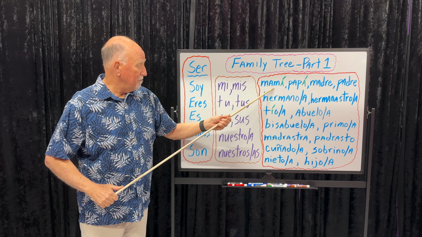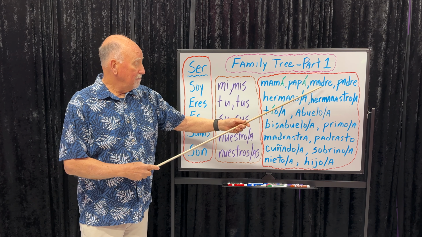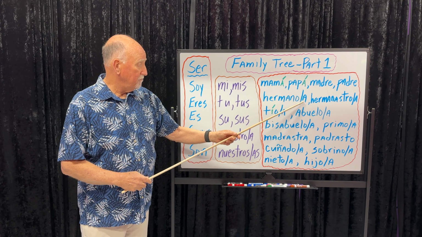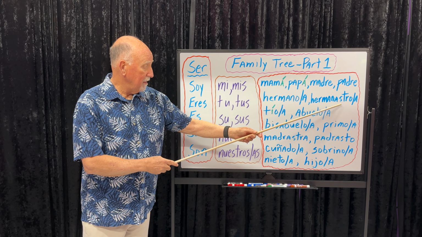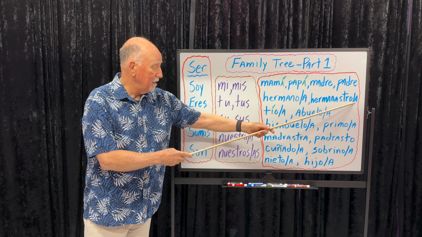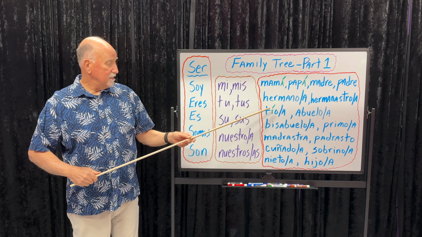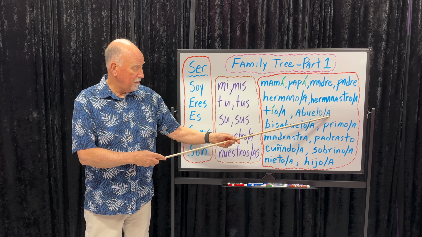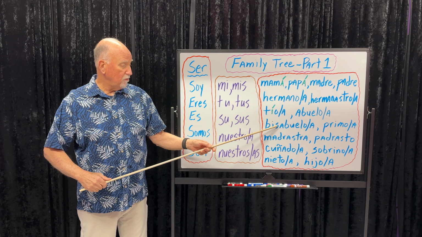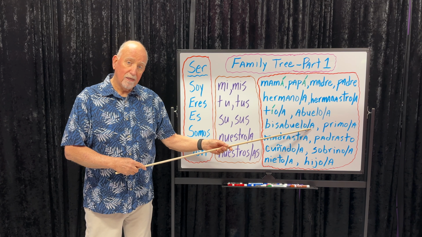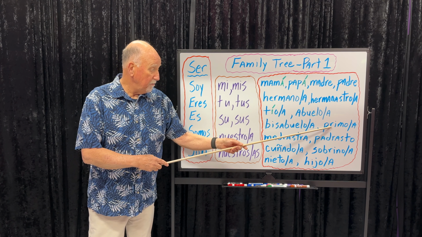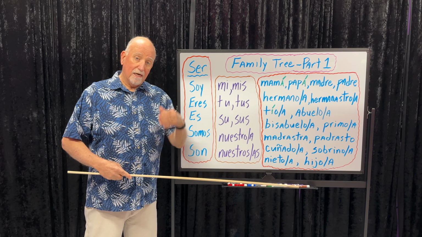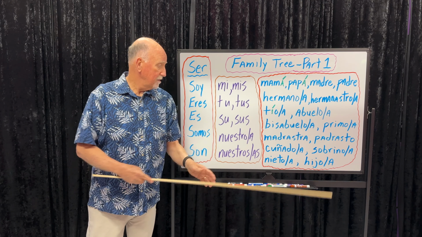All right, let's review. We've certainly got mamá and papá for mom and dad, madre, padre for mother, father, hermano, hermana for brother, sister, hermanastro, stepbrother, hermanastra, stepsister, tío, uncle, tía, aunt, abuelo, grandpa, abuela, grandma, bisabuelo, great grandpa, bisabuela, great grandma, primo, cousin, and prima, cousin, male and female. Madrastra, stepmother.